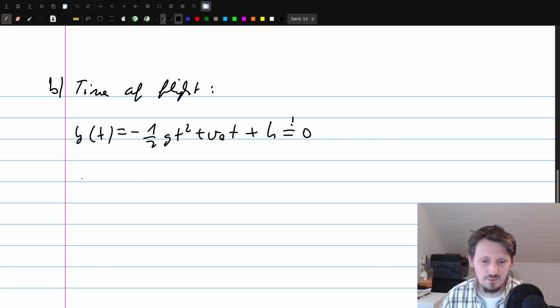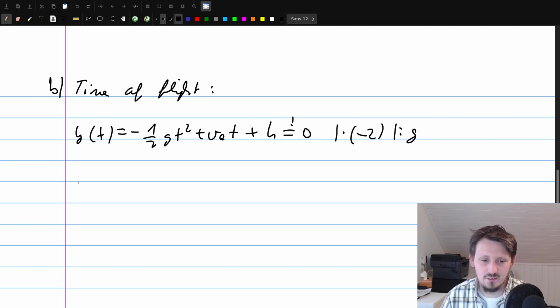Okay, and this we can easily do. We have a quadratic equation basically, so we can use any way to solve this, whatever you prefer, but I always like to use the PQ formula, because it is easy to remember. So we have to multiply this with -2, and divide it by g, to isolate t square.